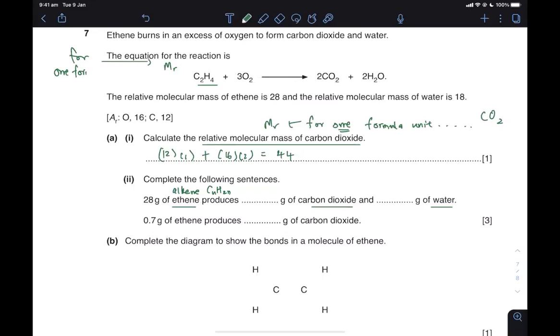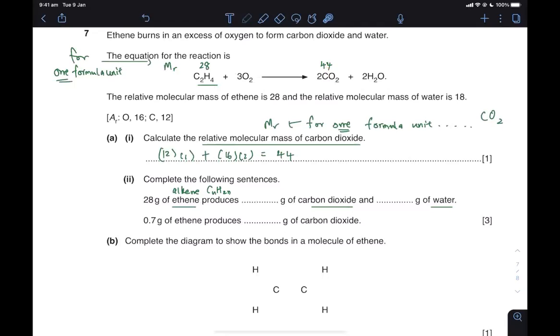Be very careful. We always start with MR first. MR is for 1 formula unit. So there are 2 carbons. So I can talk about 12 times 2 plus 4 times 1. That will give me 28 for 1 formula unit. I don't need to care about oxygen. None of the questions asked me about oxygen. Carbon dioxide I already worked out.